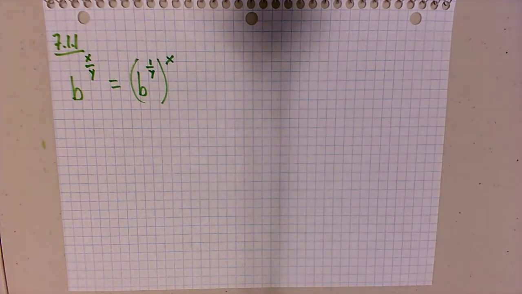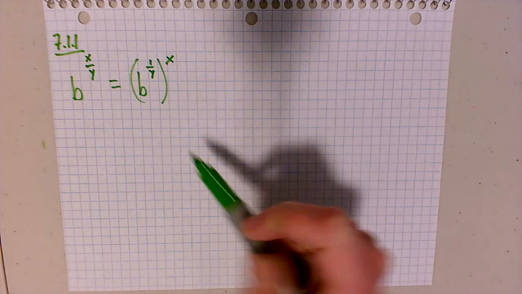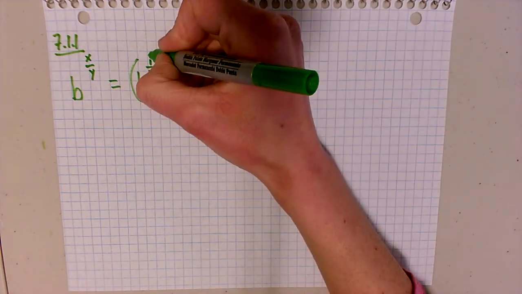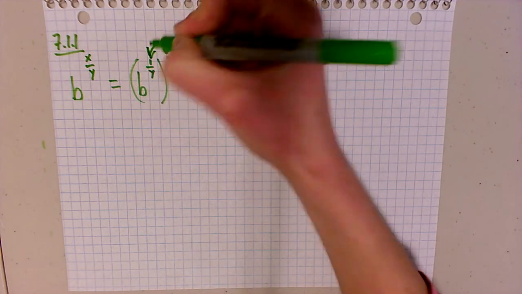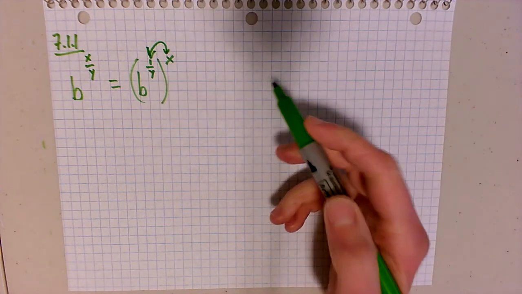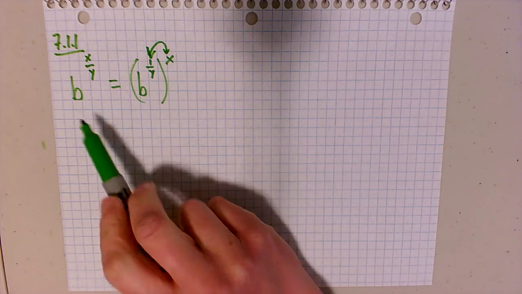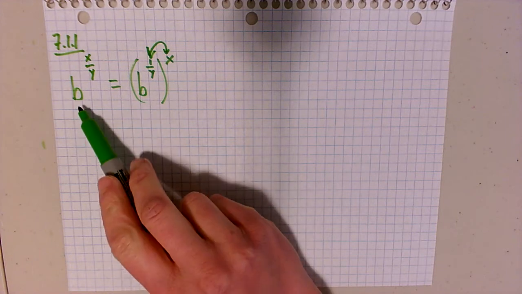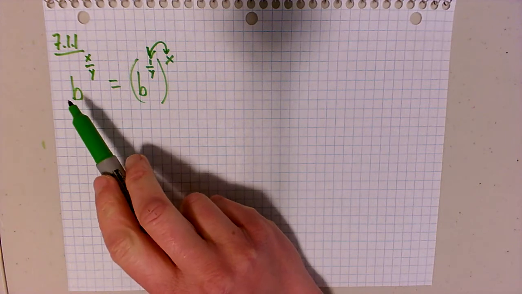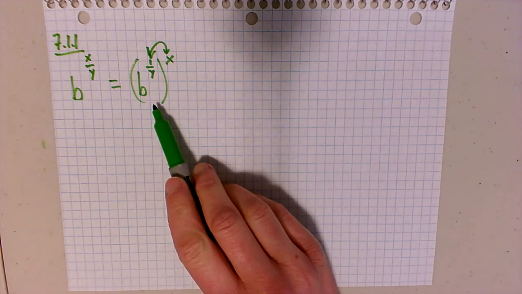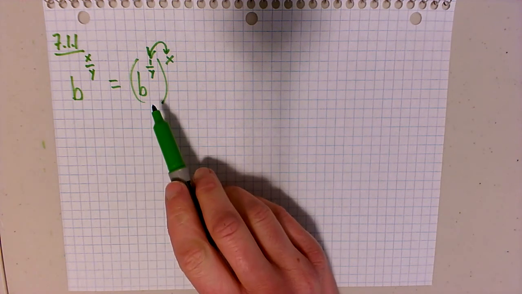And the reason why we can do this is because when you have an exponent inside parentheses and then one outside parentheses, you can multiply them. And sometimes it's helpful for us to go back and forth between these two forms. In some cases, things might be easier when your base and your exponent are written in this form, and in some cases it might be easier to have it written in this form.